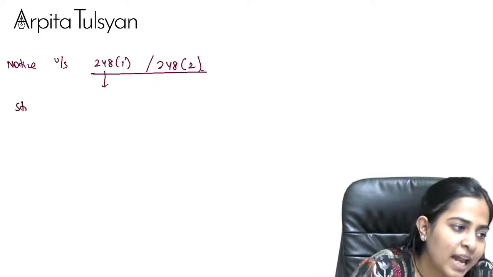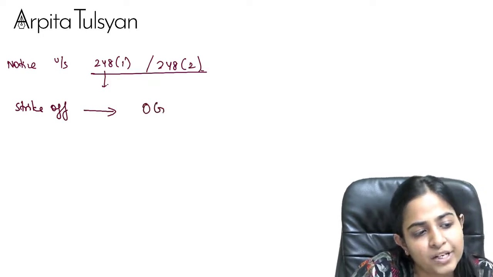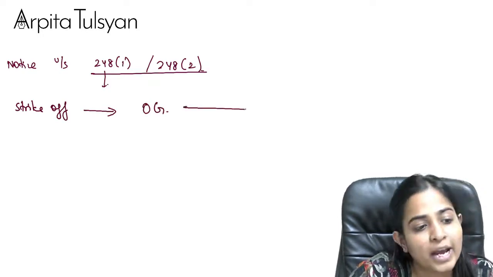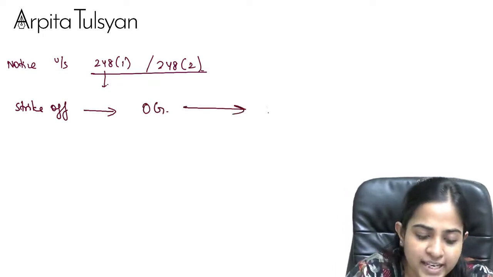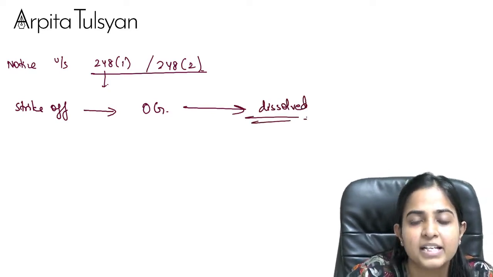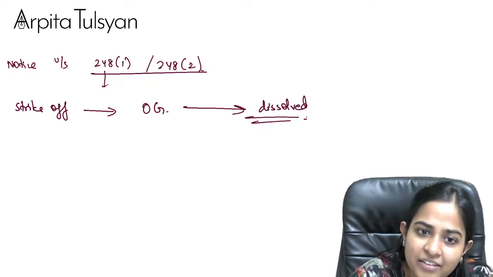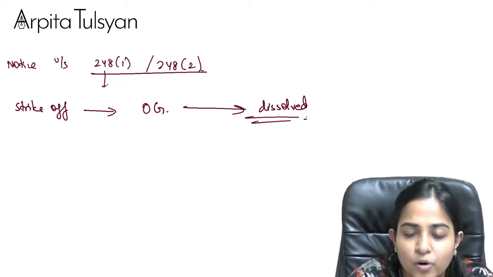First the strike off will happen, then it will be published in the official gazette, and once it is published, the company is going to be dissolved. Very, very clear with this?